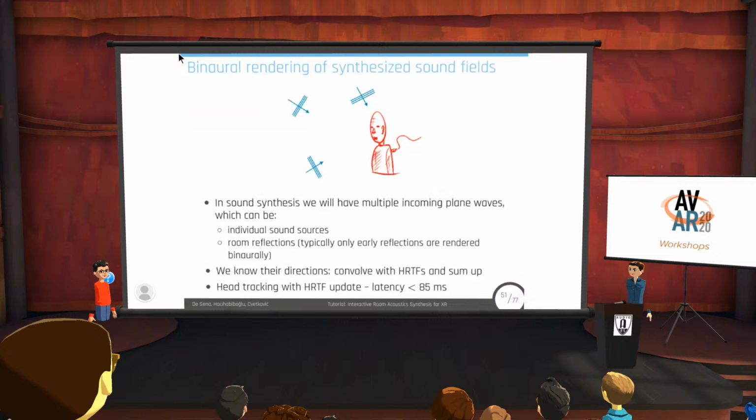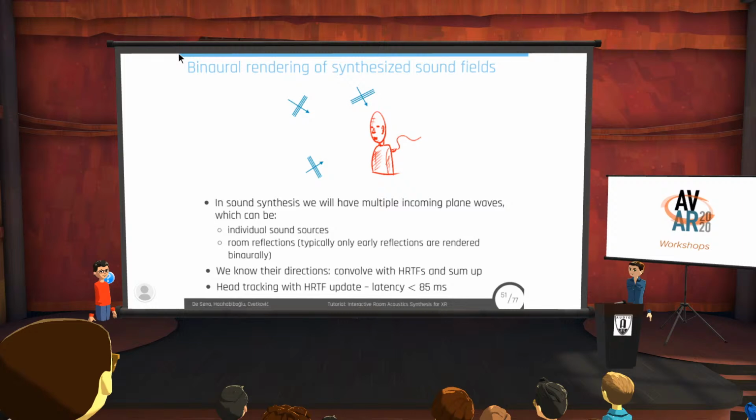When synthesizing the acoustics of a room, we have more than one source, which can be individual sound sources, as well as room reflections or diffraction components, which we discussed before. These components can be processed using HRTF filters that correspond to their directions. It is important for the XR system to respond to head movements and update the necessary filters.